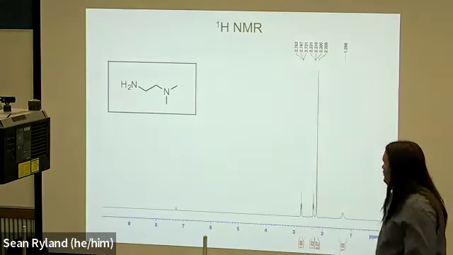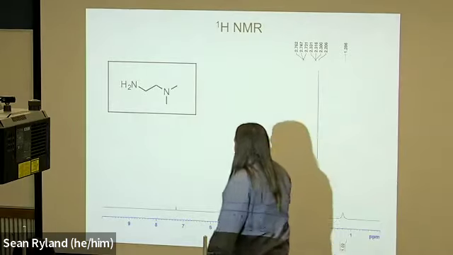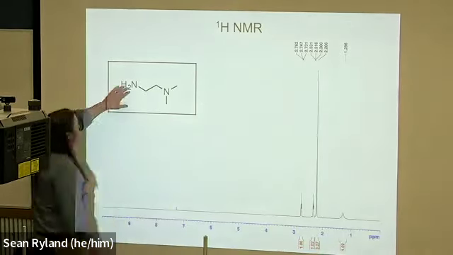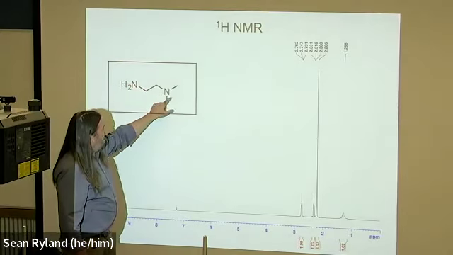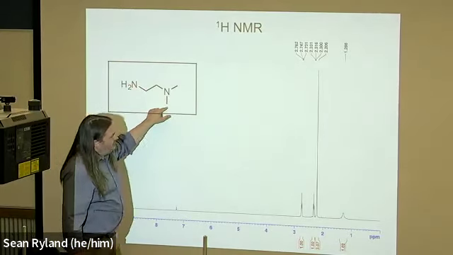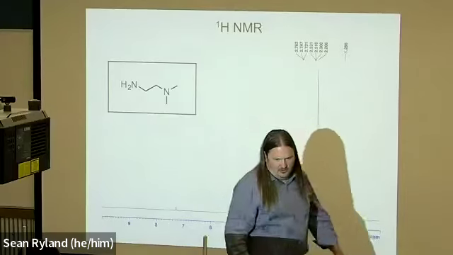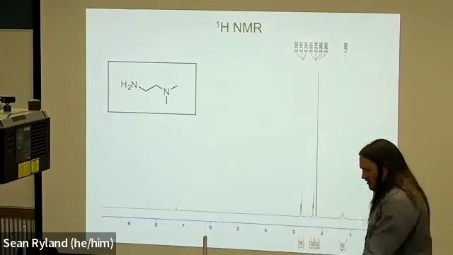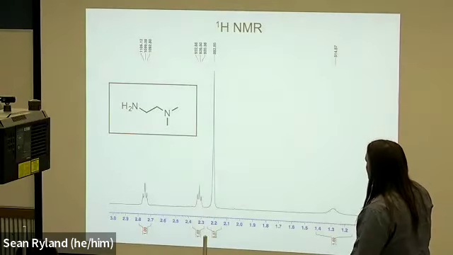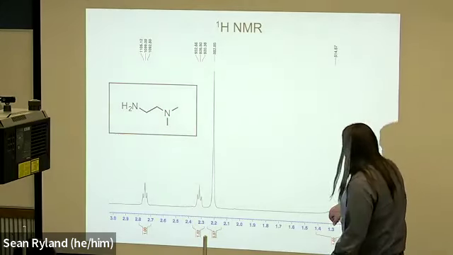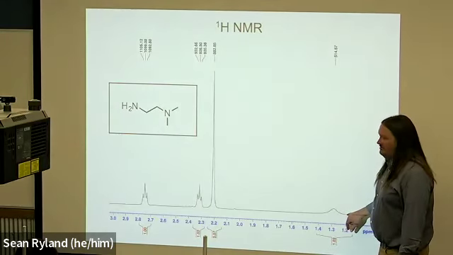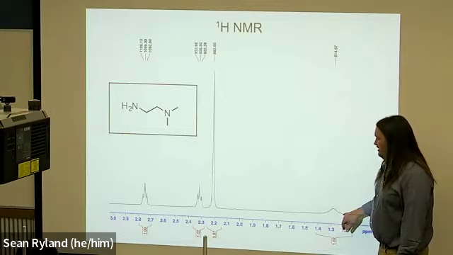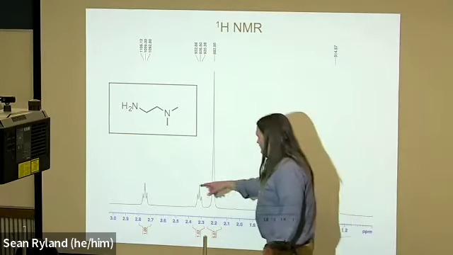So if we look at a more interesting molecule that has a little bit less symmetry: nitrogen with 2 protons, a CH2, a CH2, and 2 methyls. If we look at this proton NMR, this is the full one, and this is just the zoomed in version of the same molecule. Once again, all the way down here, really weak and really broad, that's our hydrogens that are on the nitrogen. And then here we have some peak splitting.